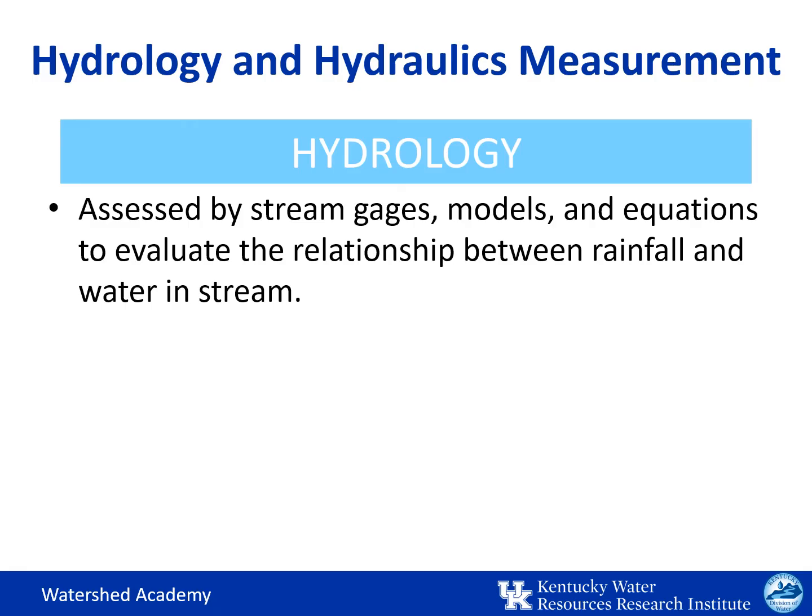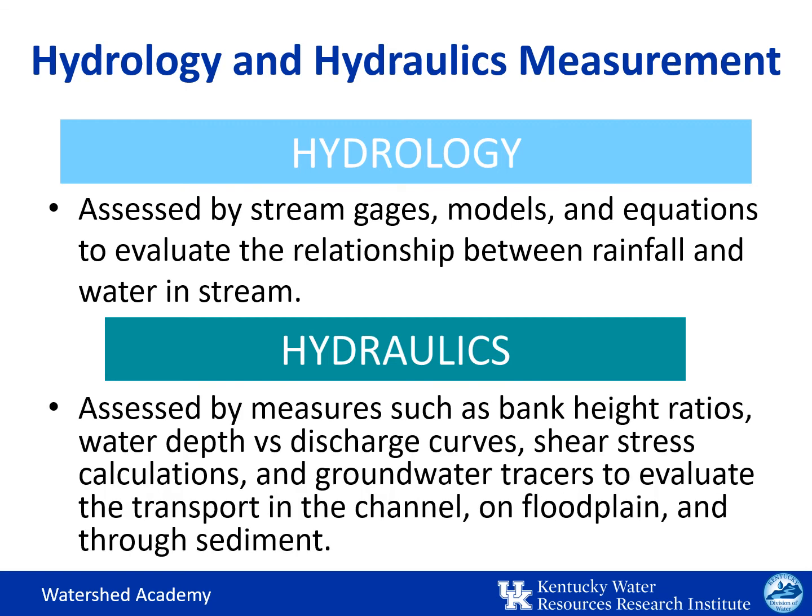You could use stream gauges, models, equations to evaluate that relationship. The hydraulic measurements will help determine where and how much erosion is occurring and whether the high flows are impacting the macroinvertebrate populations. The interactions between the surface water and the groundwater may need to be traced in karst systems and may introduce unique flow paths.